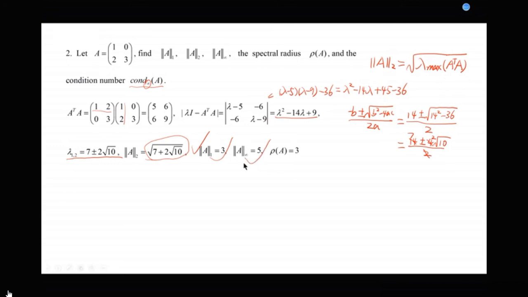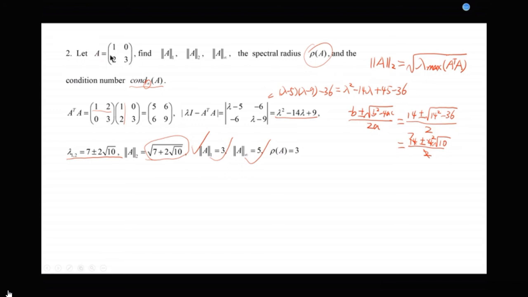Clear? Clear. And also we need to find the spectral radius. For the spectral radius, you need to compute the eigenvalues of A. Now you see, A has a special structure. It is a lower triangular matrix. For a triangular matrix, the diagonal elements are its eigenvalues.